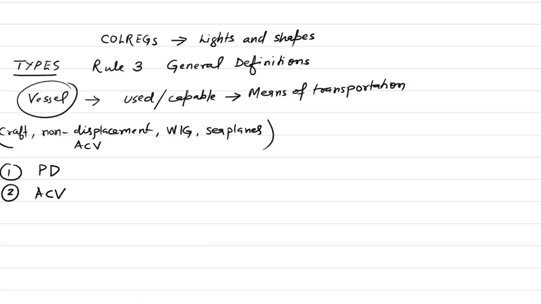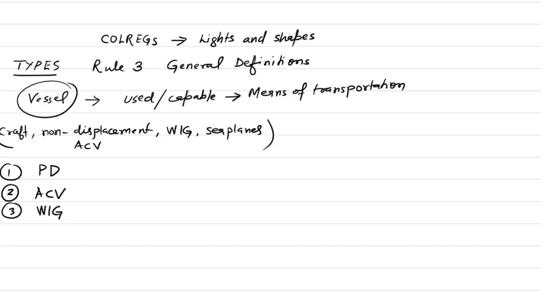Air cushion vessel is a very fast moving water surface craft, and it is using the air cushioning effect. Actually, there are blowers here, and the blowers provide the buoyancy support, and that operates in non-displacement mode. That means it is not displacing water. Then another cousin of power driven vessel is WIG. It is wing in ground.